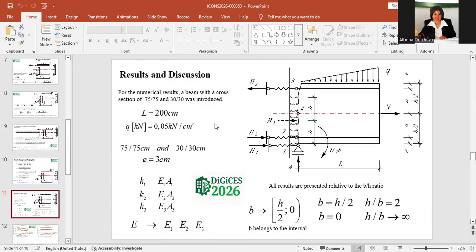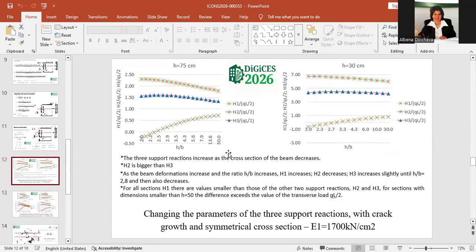The linear distributed load has an intensity of 0.05 kilonewton per centimeter.